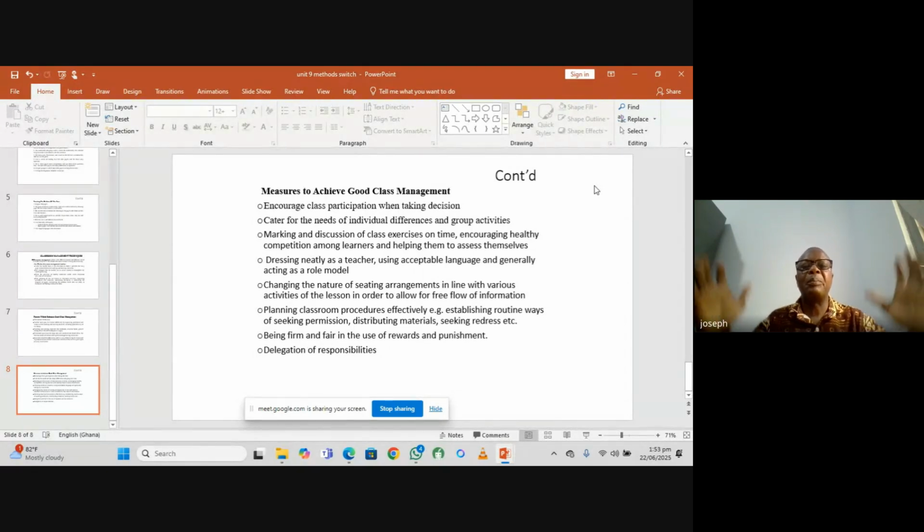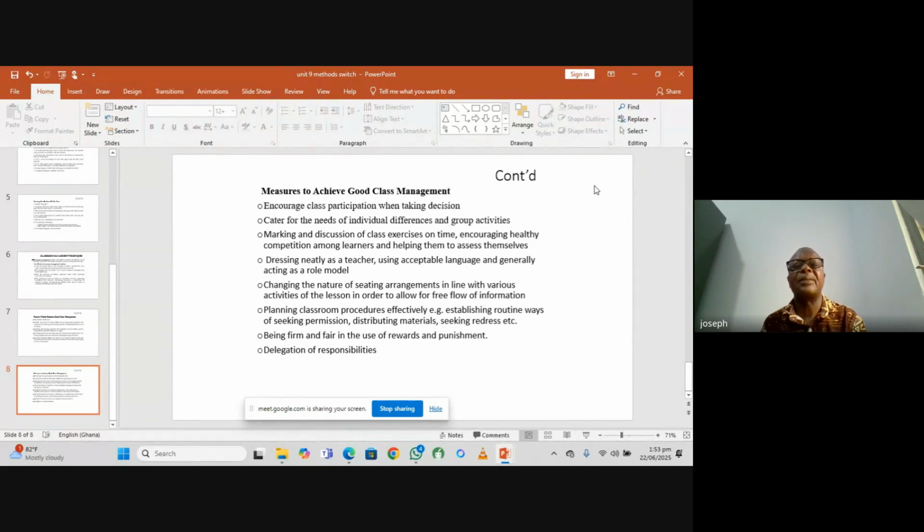Don't take a decision and impose it on them. Let them be part of the decision making. Once they are part of the decision making, its implementation will not be difficult for you, because they set the rules or they were part of that particular decision.